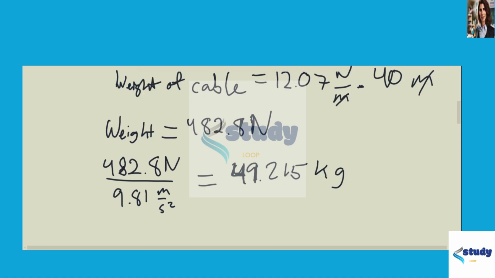And that is equal to the mass of the cable, 49.215 kilograms.